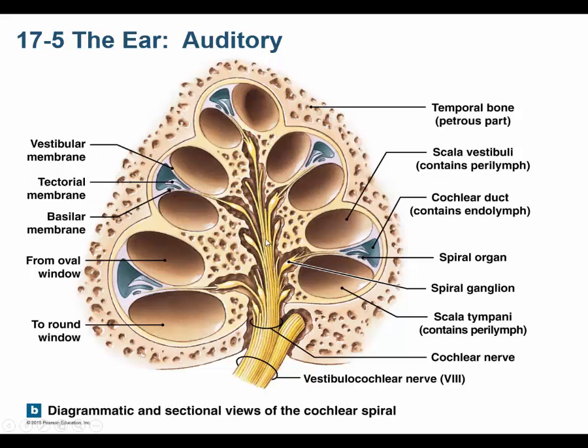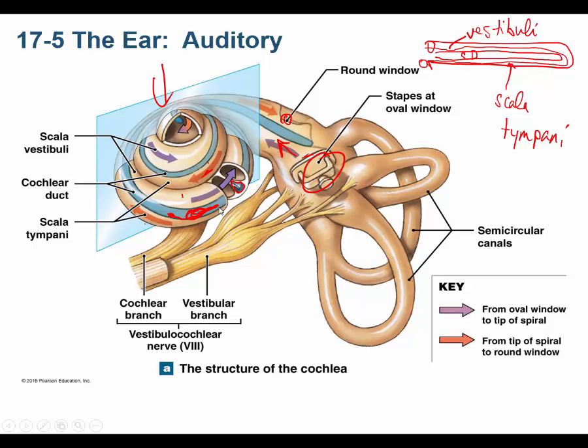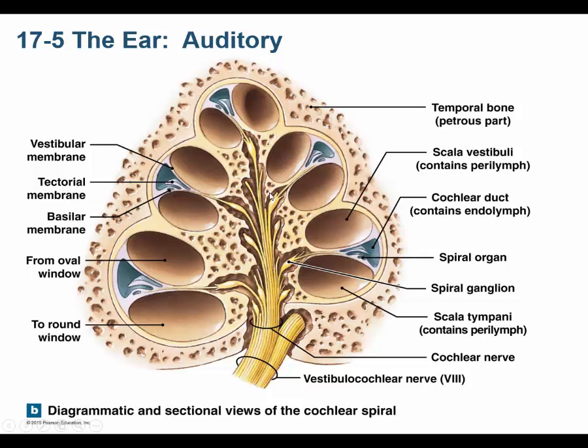And I have a picture of that for you. This is the cochlea cut like this. Like you can see right here, the picture is cutting all the way down through here. So it's cutting this plane right here, and what it looks like when you get there is right there.